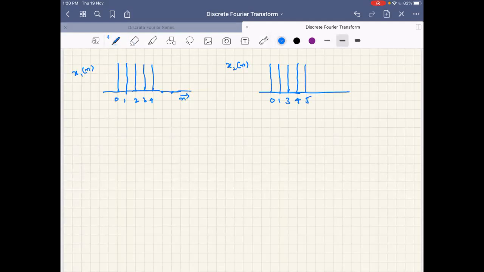We have taken exactly the same sequences and the same length, so n1 is equal to n2 is equal to n is equal to 5 here. Hence directly we can write x4 of n, the linear convolution result, equal to x1 of n linear convolution with x2 of n.